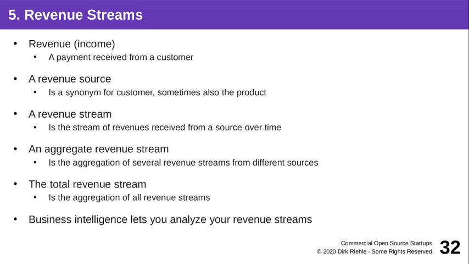The purpose of looking at your revenue streams is to understand your business. Sometimes you don't really understand it. Sometimes you don't know what's changing on the ground. So in companies you have something called business intelligence, which is its own enterprise software. It would be business intelligence software, which lets you analyze all your revenue streams.